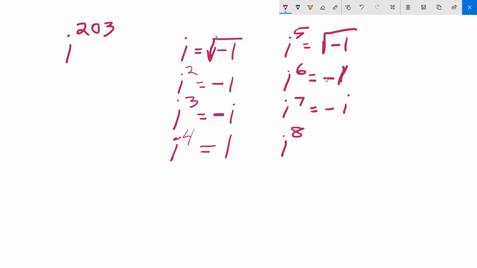And then i to the 8th is 1. So when they give you one like that, what you want to do is take out as many multiples of 4 as you can. Well, that takes you up to 200. So this is really the same as i cubed, which is the same as minus i. Because i cubed is i squared times i, and i squared is -1.